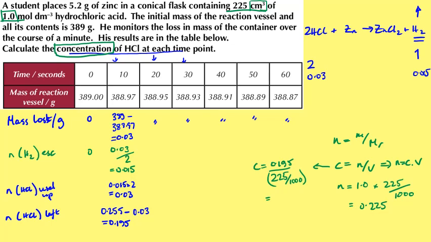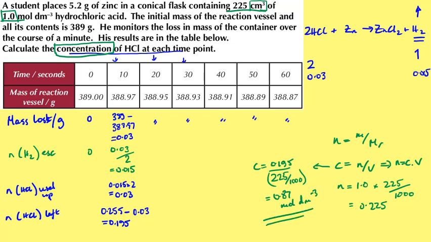So our concentration after 10 seconds is 0.195 divided by 225 over 1,000, and that comes out at 0.87 moles per dm cubed.